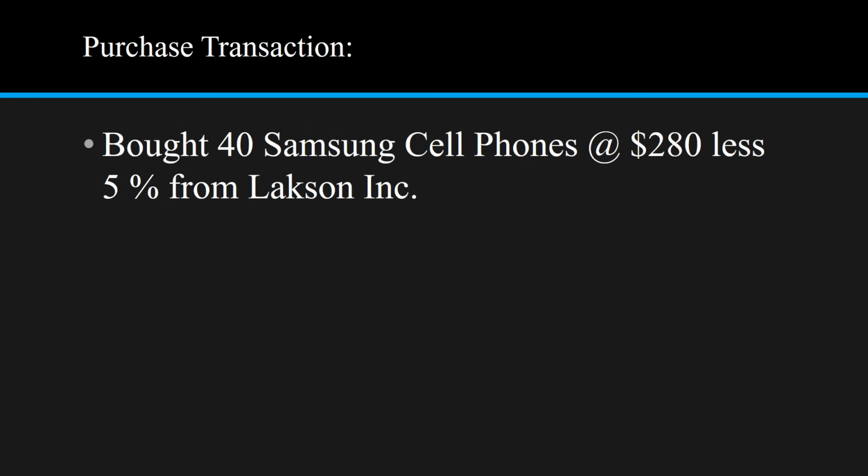So our transaction is purchase of 40 Samsung cell phones at $280 less 5% from Lexan Incorporated. Now I will discuss with you each item appearing here. The quantity is purchase of 40 Samsung cell phones.